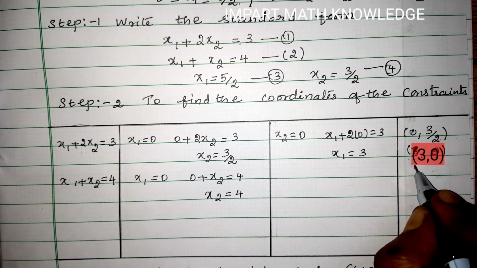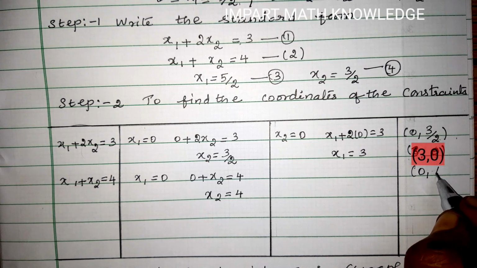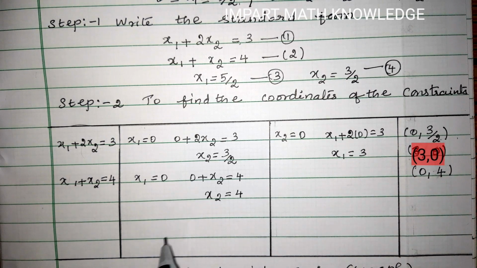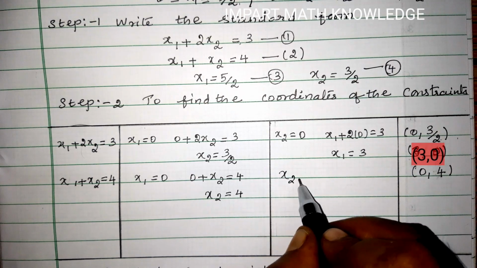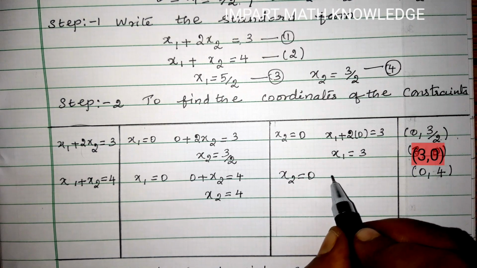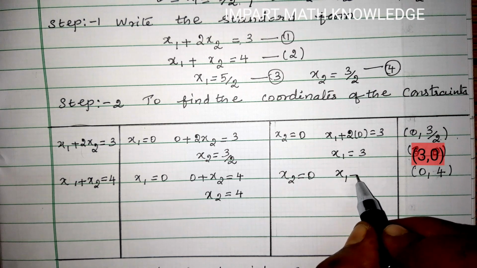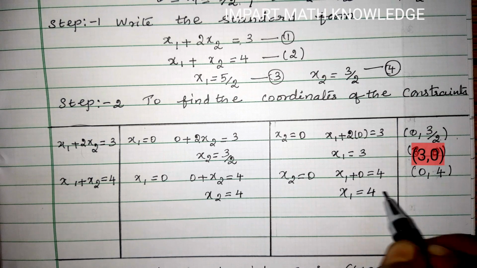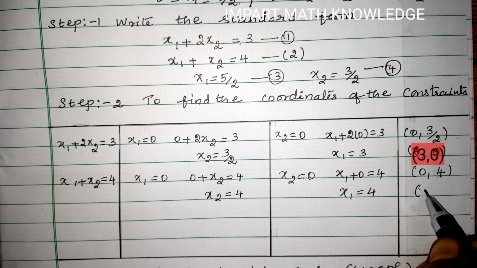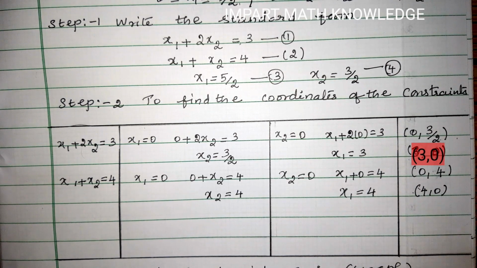So the coordinate is 0, 4. In the same equation, I put x2 is equal to 0. Then I get x1 plus 0 is equal to 4, that is x1 is equal to 4. So the coordinate is 4, 0.